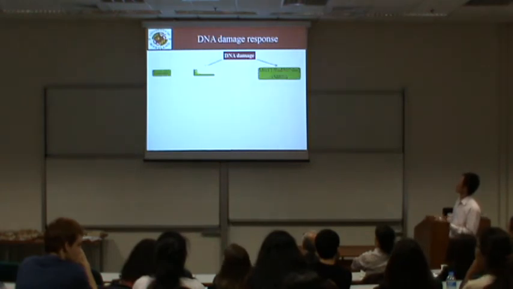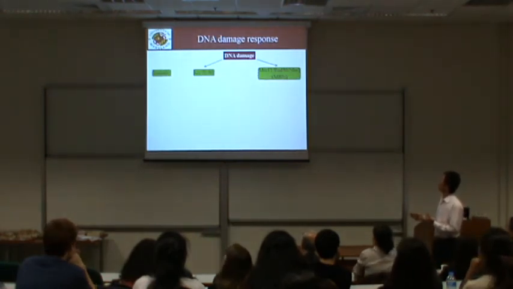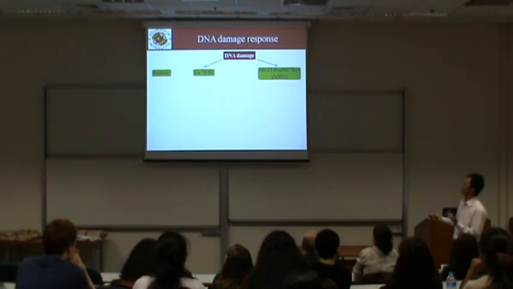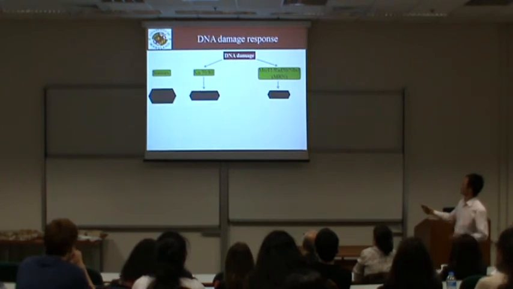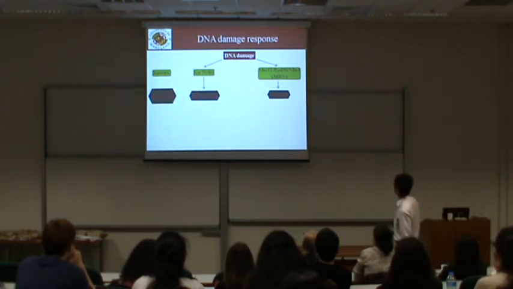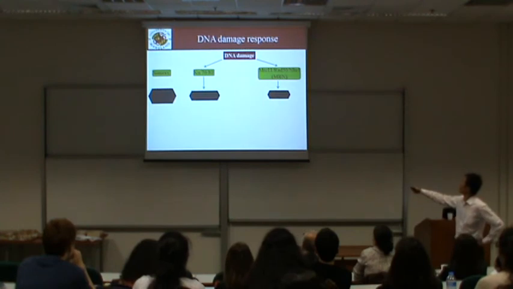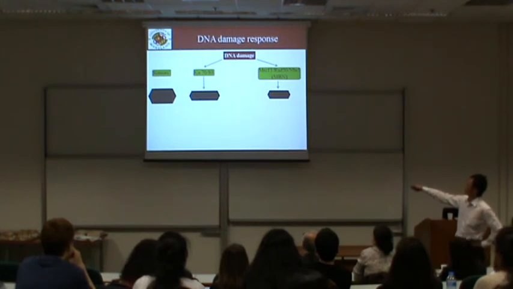In response to DNA damage, especially double-strand breaks, we have sensors to sense the double-strand break. This is ATM, the gene responsible for ataxia telangiectasia, and this is DNA-PKcs, another protein in the same family of the DNA damage response.